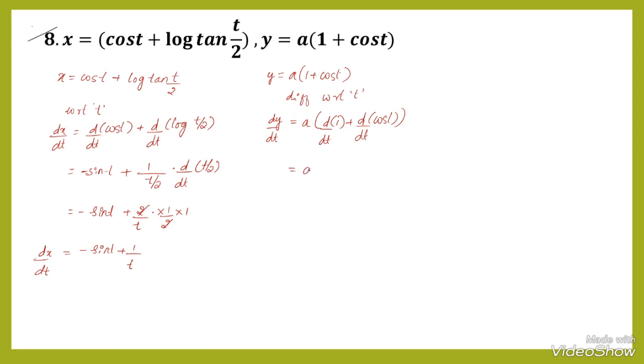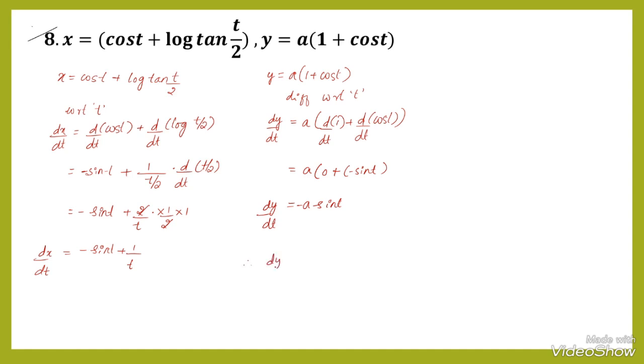Differentiation of 1 becomes 0, plus differentiation of cos t becomes minus sin t, so minus a into sin t is dy by dt.